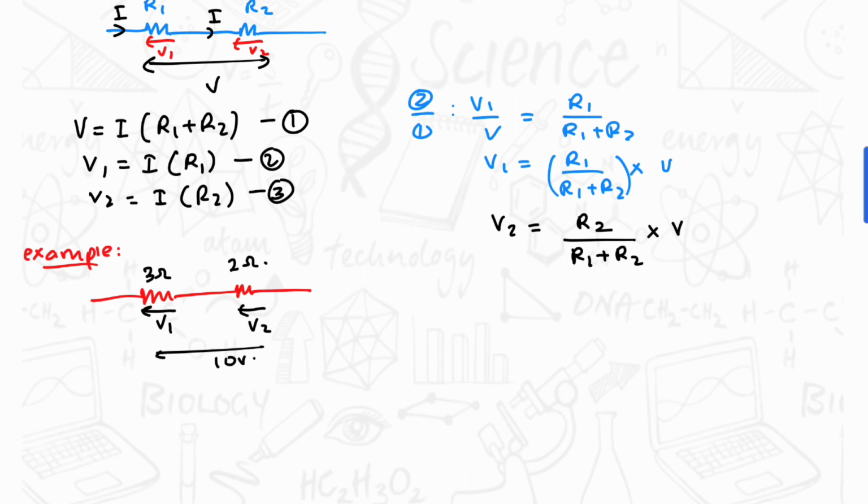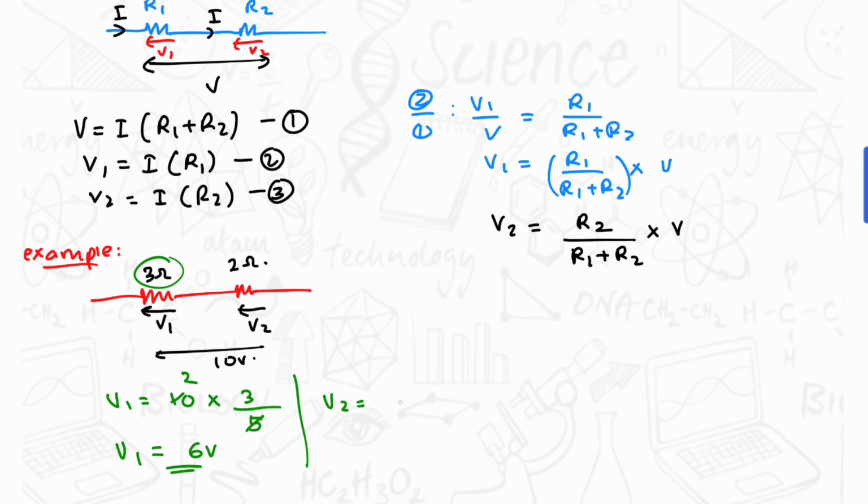Now here, let's try this example. We have to find V1 and V2. To find V1, we can write V1 is equal to the resistor value R1, that is 3, divided by the addition of R1 and R2, that is 3 plus 2, that is 5, times 10. So we will get the value 6.